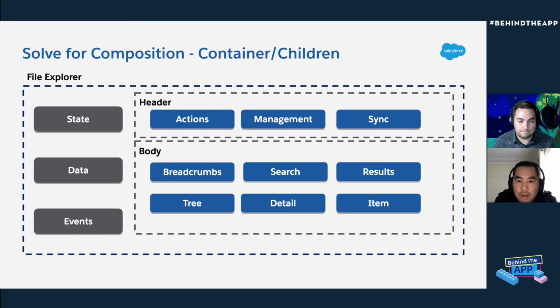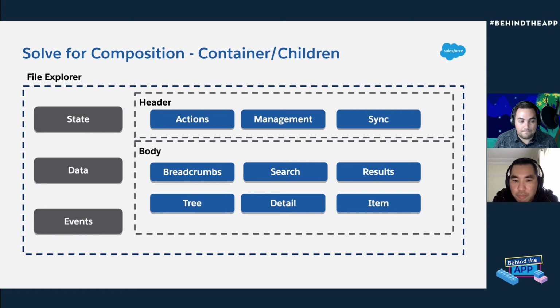And so there's a lot of components in the File Explorer that need to stay in sync, i.e. when you select an item in a tree, the search results need to change, the detail area needs to update with the preview, and the actions need to also change, because it doesn't make sense for you to rename a file in this scenario, because we've delegated all the file management back to the native, out-of-the-box file functionality.